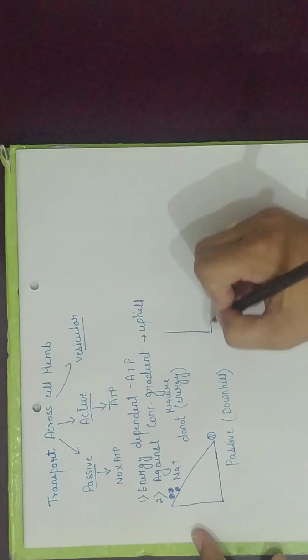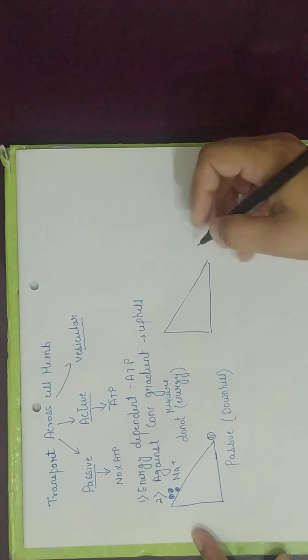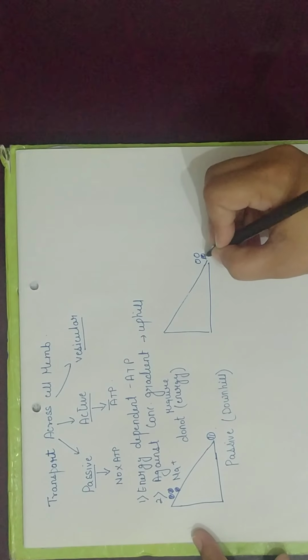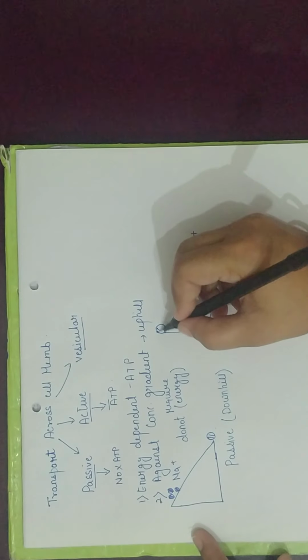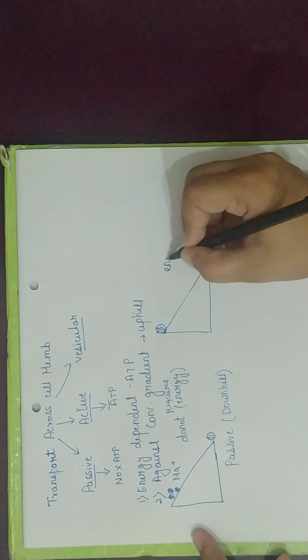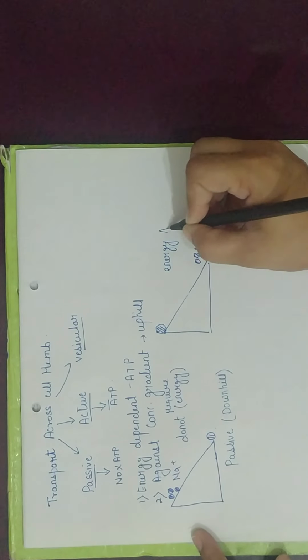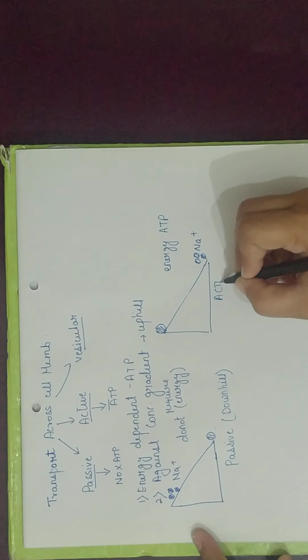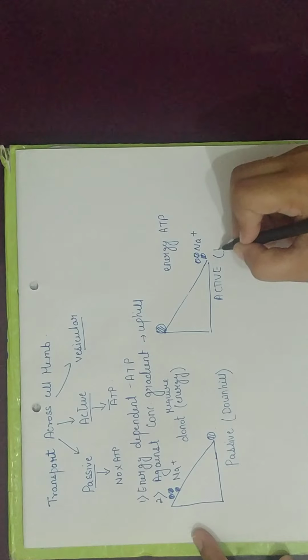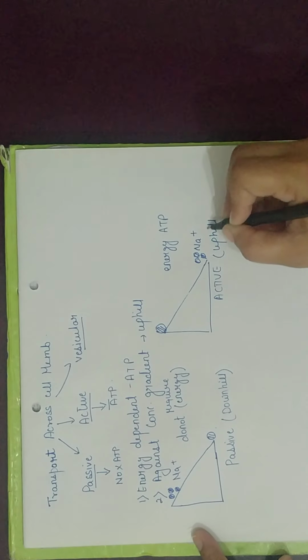And the reverse of this, if we want to transport these sodium ions from here to this upper point, then we need some energy in the form of ATP. This type of process is active transport, and we can say that it is an uphill process.